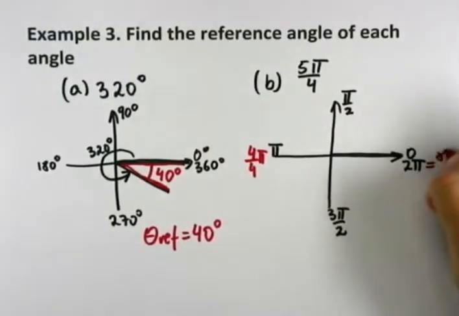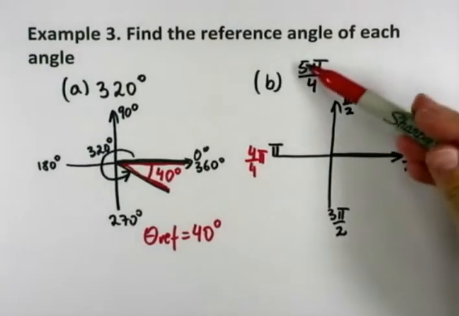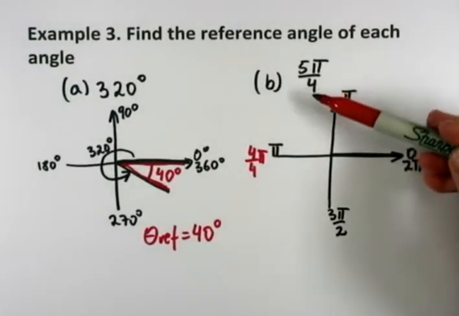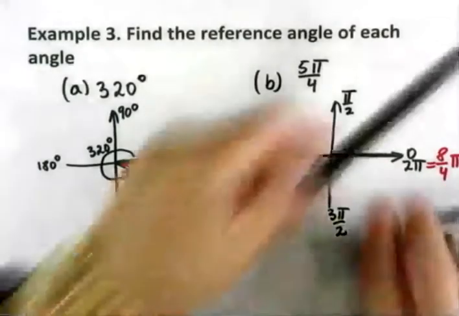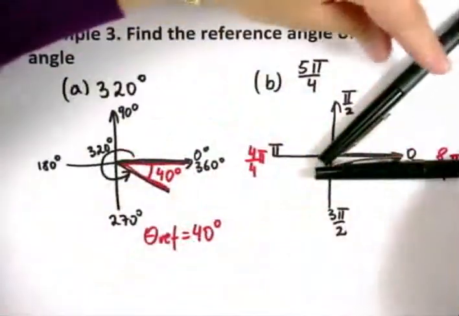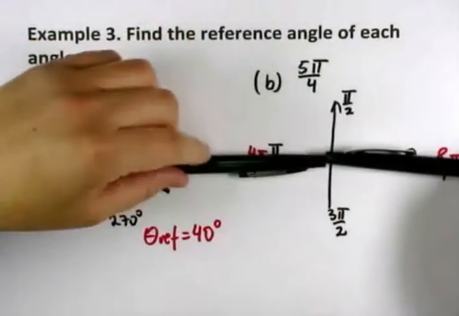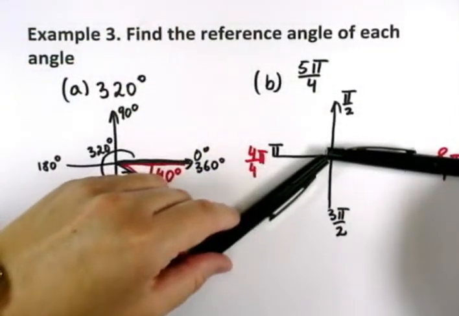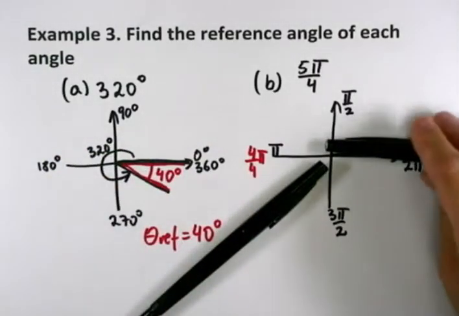So where is my 5 pi over 4? I keep opening my angle, and I get to 4 over 4, and it's a little bit more than 4 over 4. So the angle is right here.